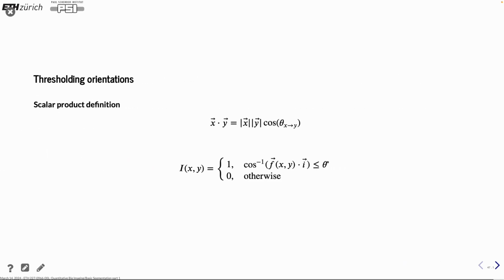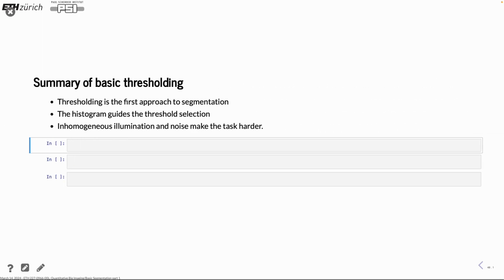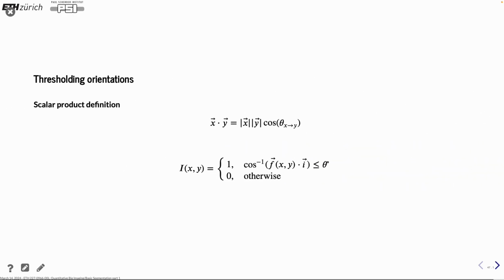Then we can look at scalar products, so we can say which angle we want to segment. So if the angle is greater than some theta, then we set it to 1, and otherwise we set it to 0. And I think there should be something here.